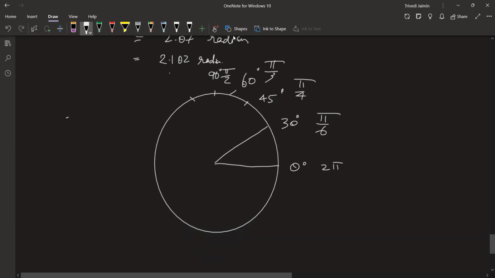Then after 90, what will come? What will be the number? 120. It will be pi by 2 plus pi by 6, or 2 pi by 3. Then 135 degree: 3 pi by 4. And 150 degree.